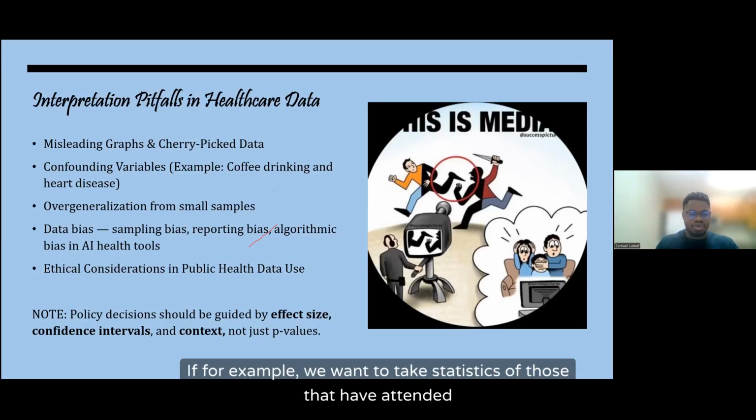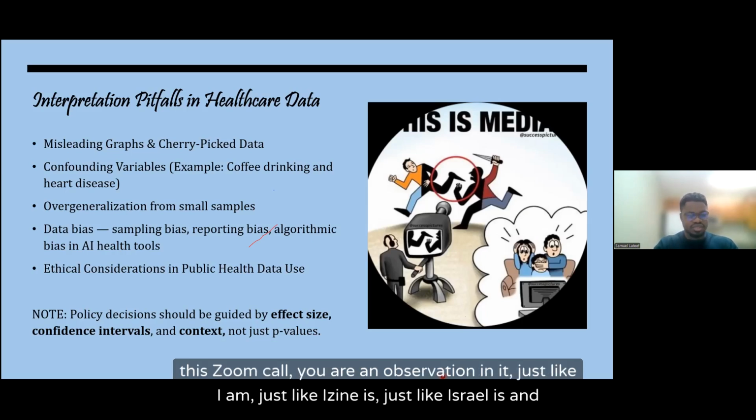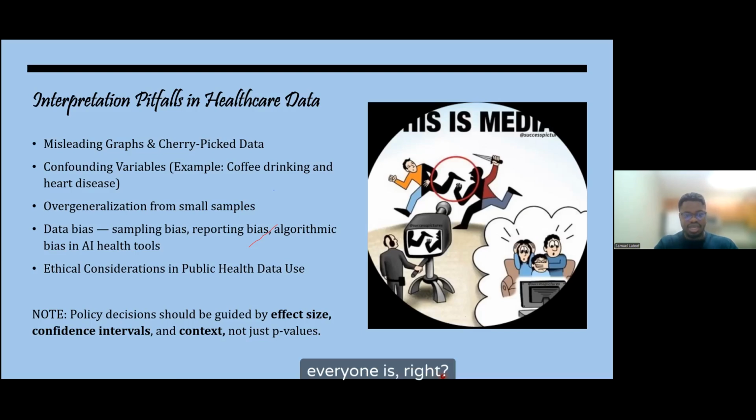If we want to take statistics of those that have attended this Zoom call, you are an observation in it, just like I am, just like Ezine is, just like Israel is, and everyone is. You have different attributes. One of the attributes will be, what's your name? Your name is an attribute. Your gender is an attribute. The time you joined is an attribute.